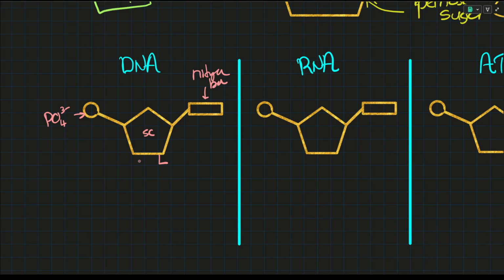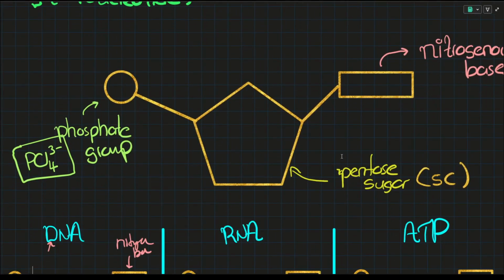When it comes to this, the sugar is specifically something known as deoxyribose. Hence the name deoxyribonucleic acid. We call it deoxyribonucleic acid because the pentose sugar that we use is called deoxyribose.